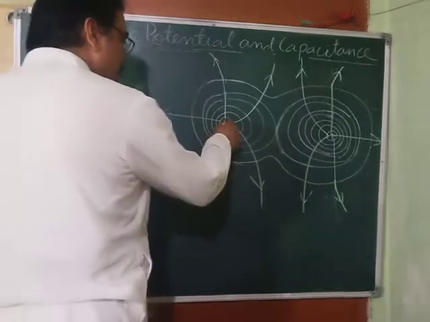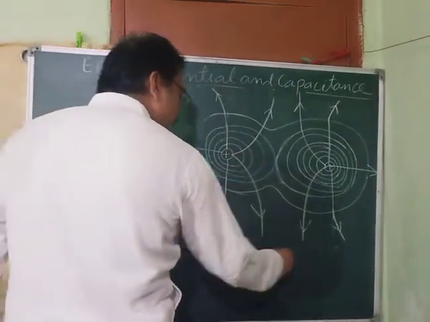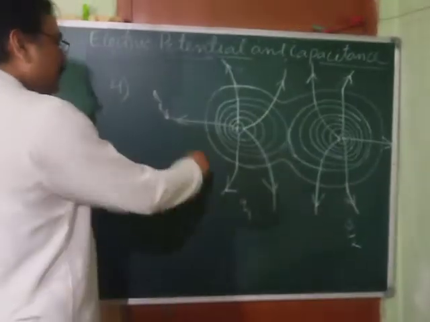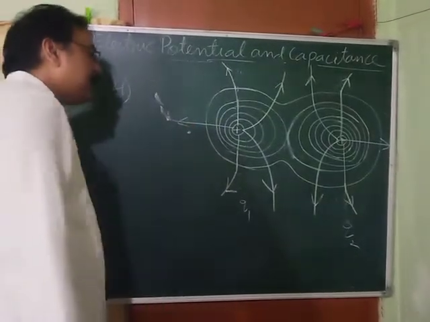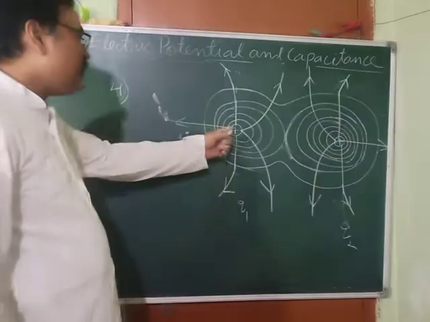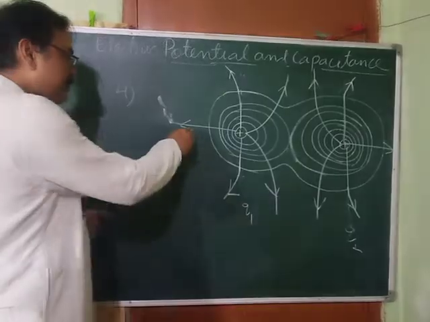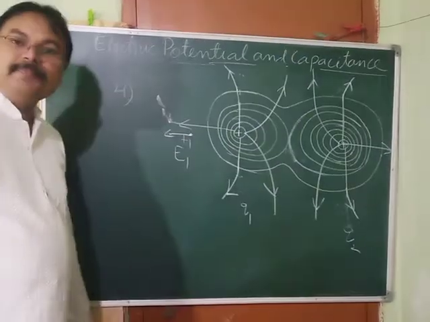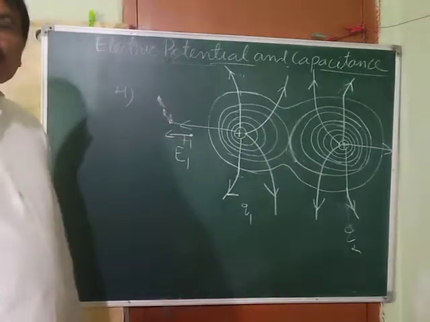Suppose this is Q1 charge and suppose this is Q2 charge. For understanding, you don't have to write like this. Let us take a point over here. If you place +1 coulomb charge here, this charge is going to repel it in this direction. So due to Q1 charge the electric field is E1 and it is directed in this direction.